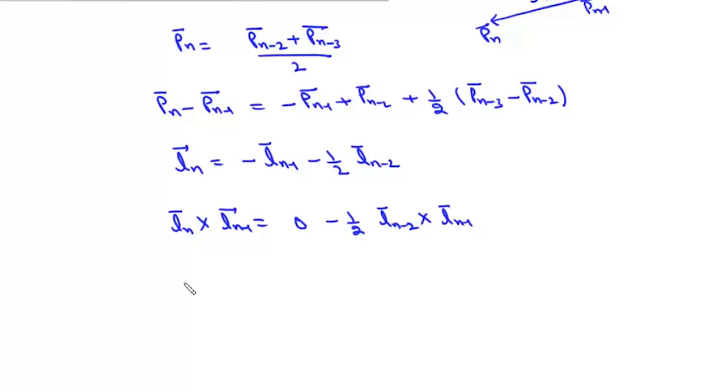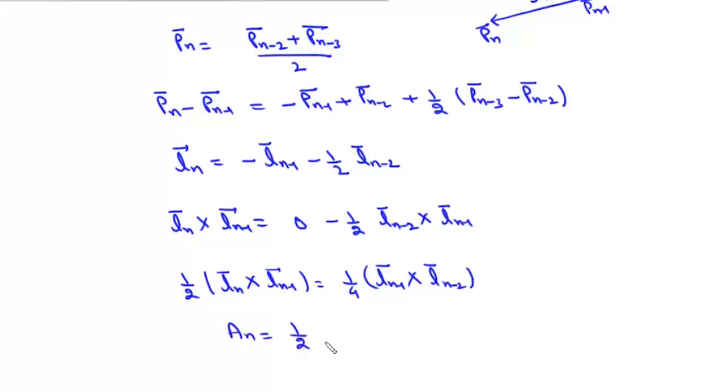Now we multiply with 1 by 2, so we can write 1 by 2 Ln cross Ln minus 1 will be equal to 1 by 4 Ln minus 1 cross Ln minus 2. Now suppose this is the area of the nth triangle. So this is An and will be equal to 1 by 2 An minus 1.